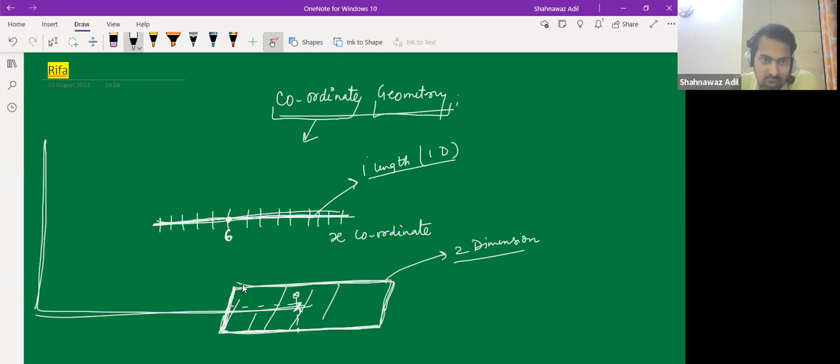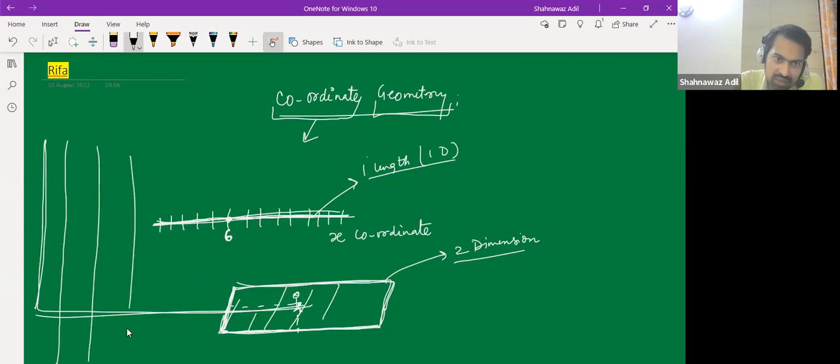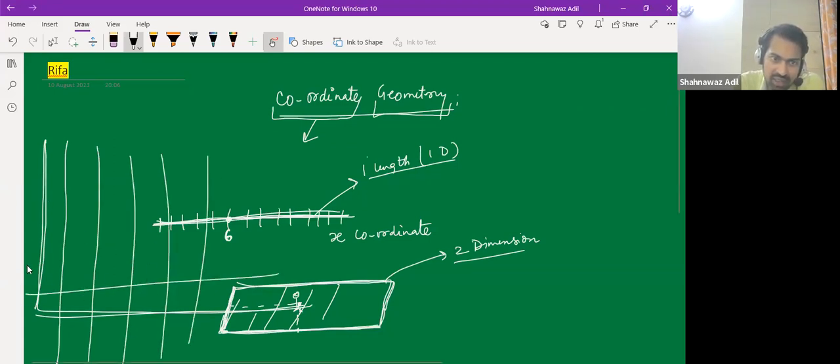If I want to locate some point, what I will do is divide the x distance in equal parts and divide the y distance in equal parts, right?